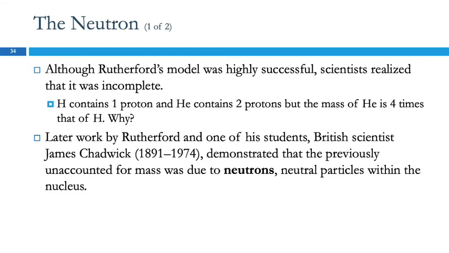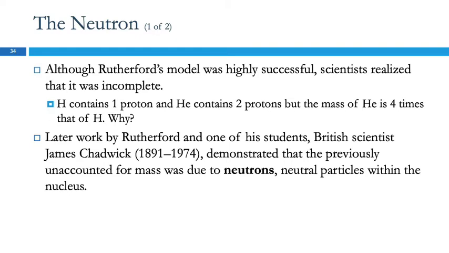So that model was very successful, but it was incomplete. So they were able to determine that hydrogen contains one proton and helium contains two protons. So you would expect the mass of helium to be twice as large as hydrogen because it had two protons to one proton.